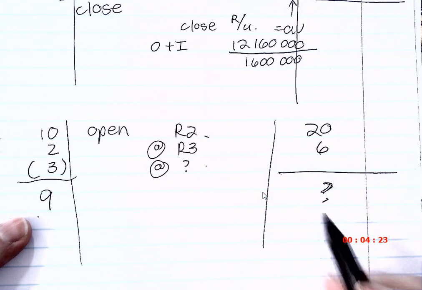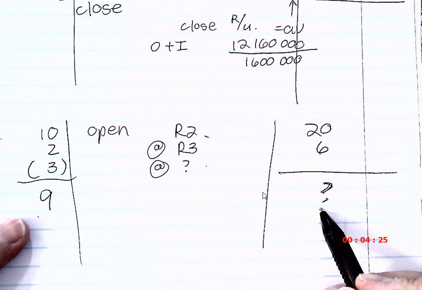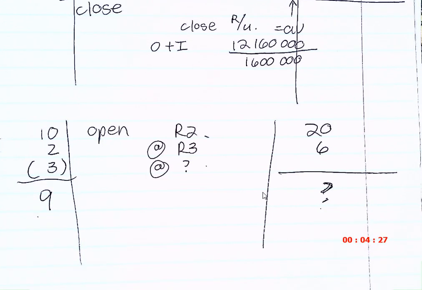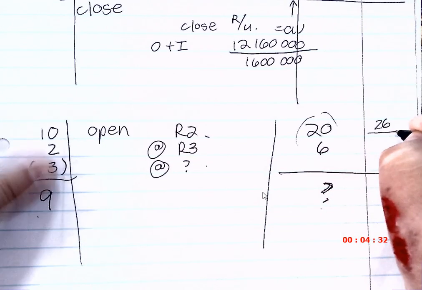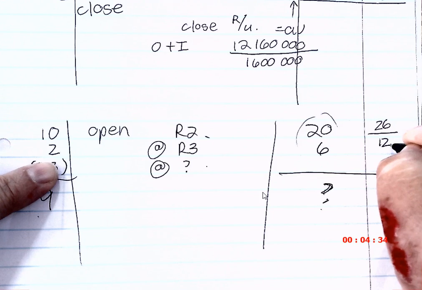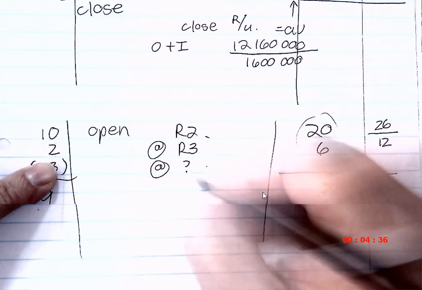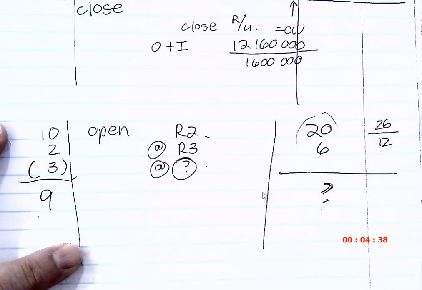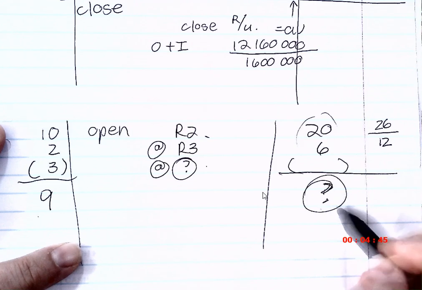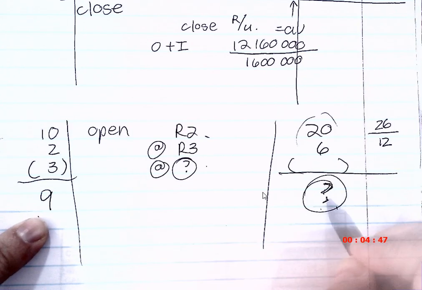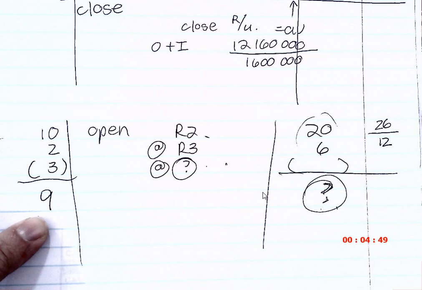But now because I don't have that one, I can't use that method. So I do another one. I say, okay, that 26 divided by 12 is going to give me this average. And actually what's interesting, if you work out this question mark, that question mark divided by the 9 is also going to give you that.